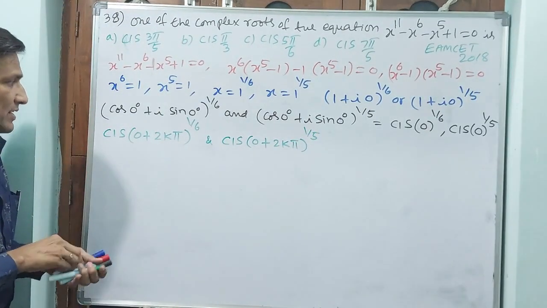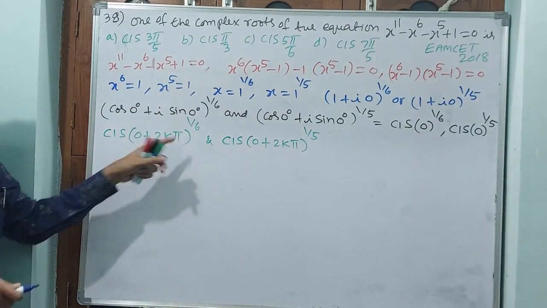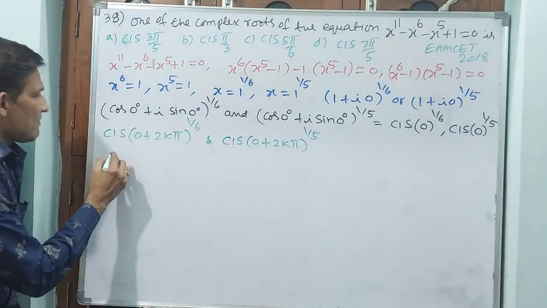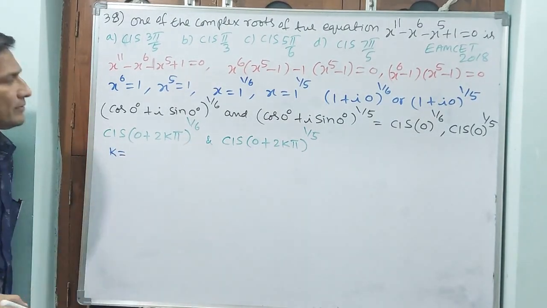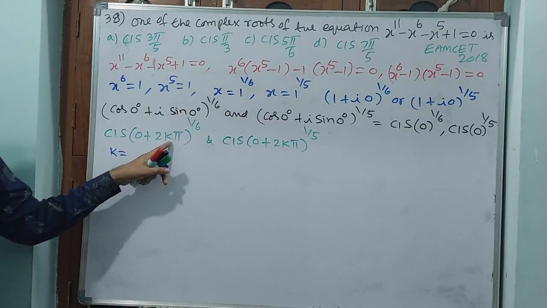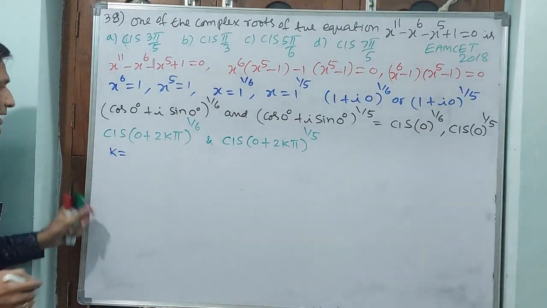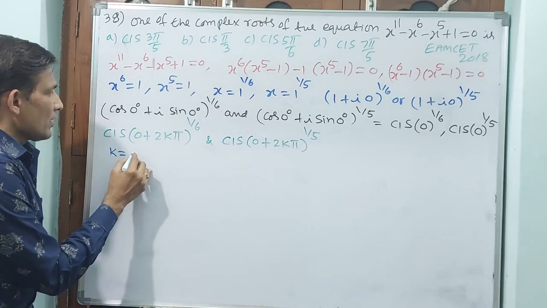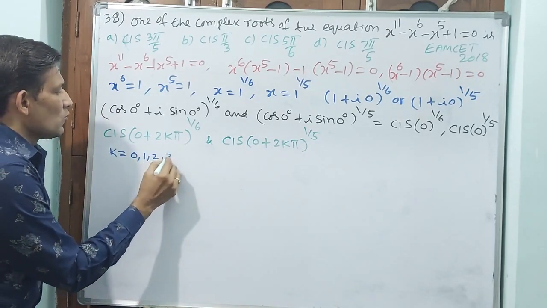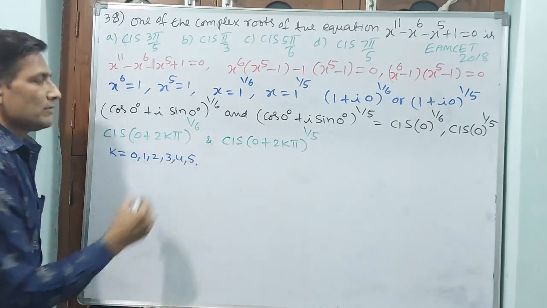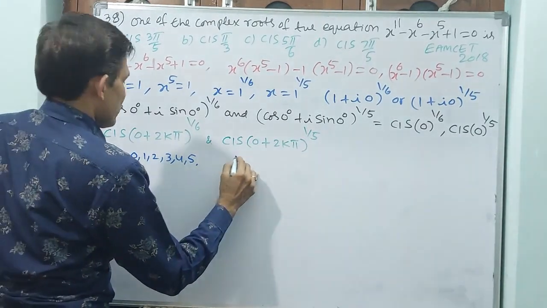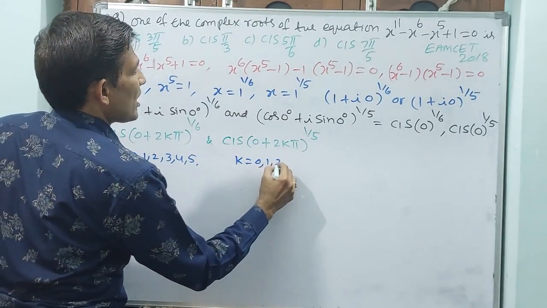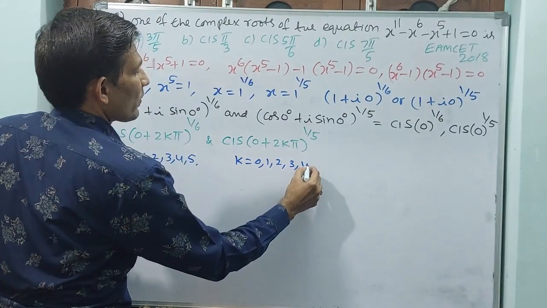You see, for this both, when 1 by 6 is there, then what will K be? K will be like this, you see: 0, 1, 2, 3, 4, 5. But for this, K will be 0, 1, 2, 3, 4.